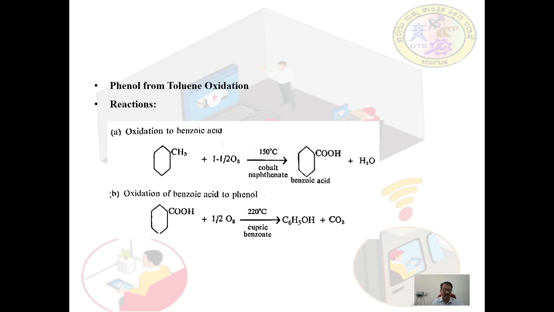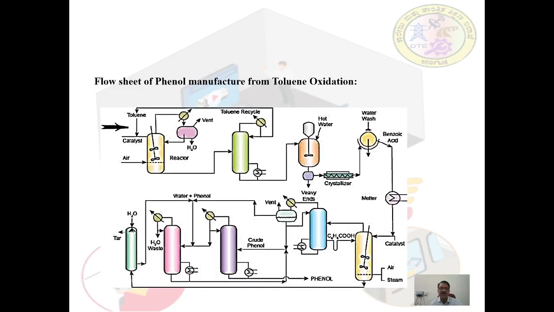The process here is a two-stage air oxidation process. You can see the flow diagram used for the phenol production by toluene oxidation process.